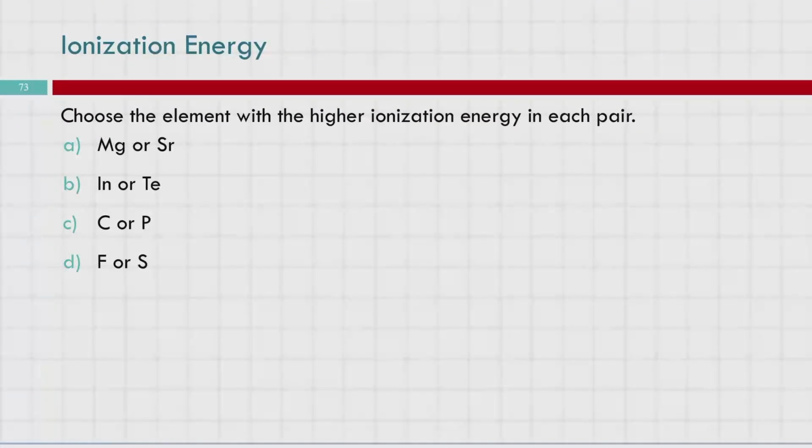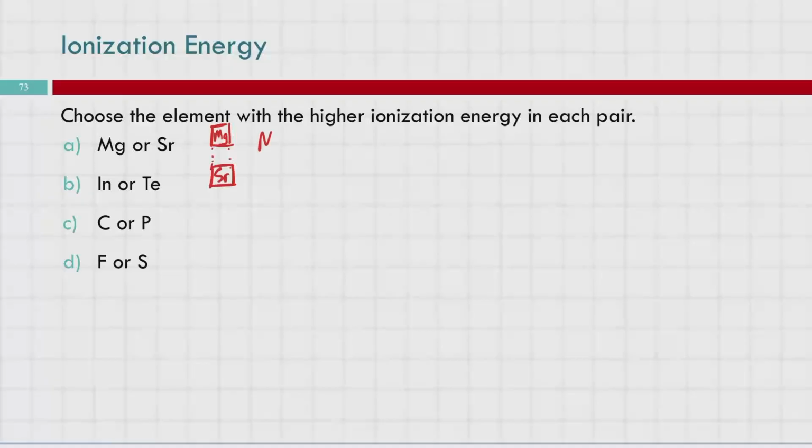Okay, ionization energies. We want to compare ionization energies for some pairs. So we've got Mg or Sr. Which one is going to have higher ionization energy, harder to remove an electron?